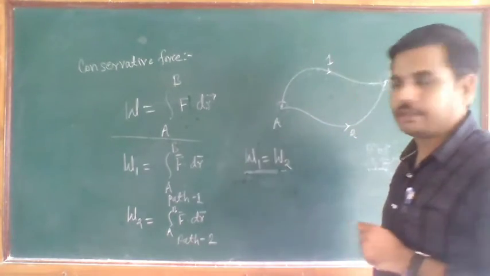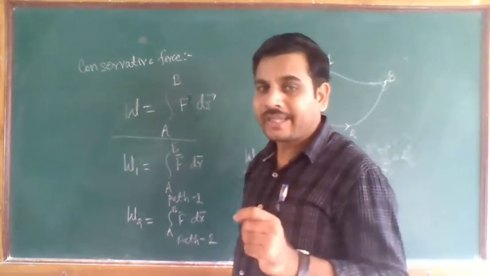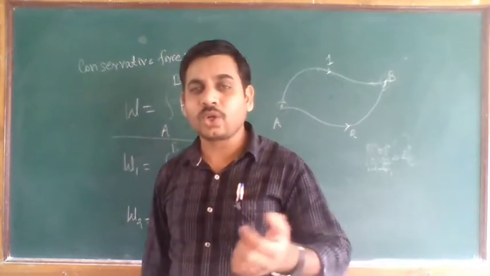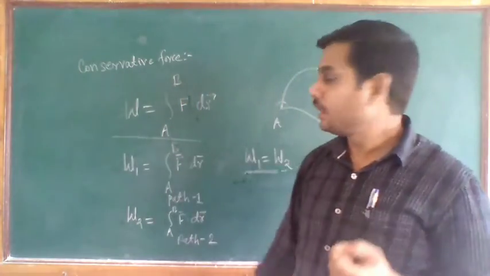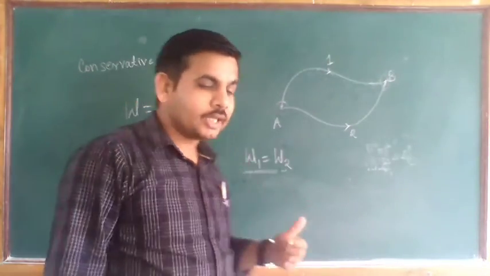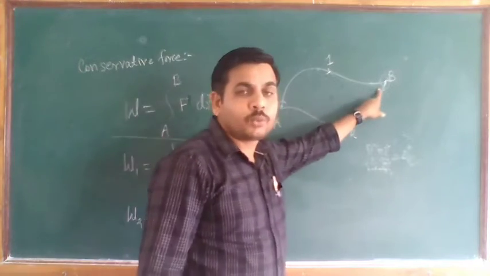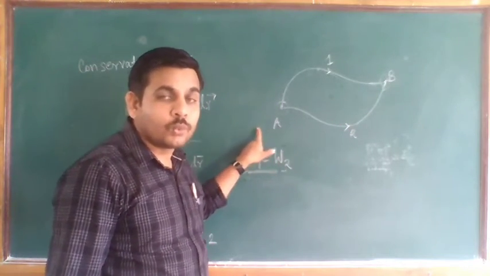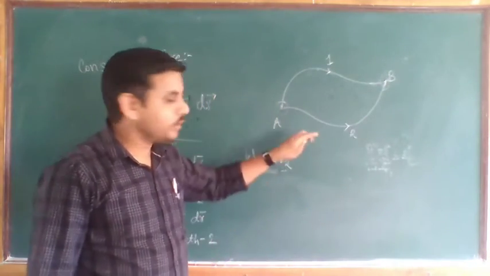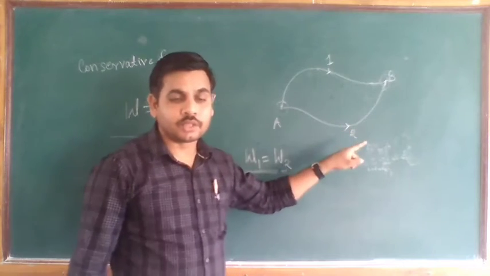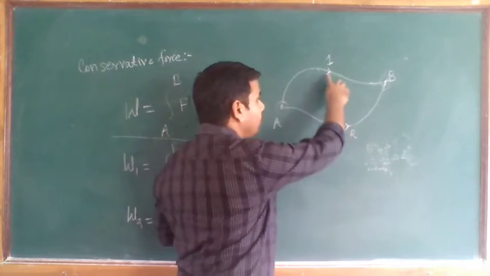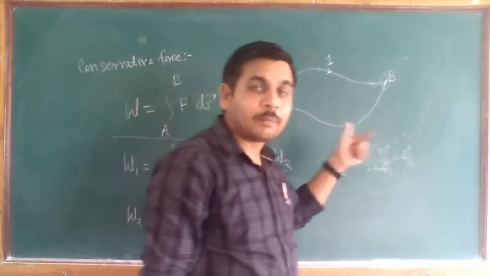So I am again repeating the definition. A force is called the conservative force if the work done by a particle that moves from one point to another depends only on the position, not on the path followed by that particle.